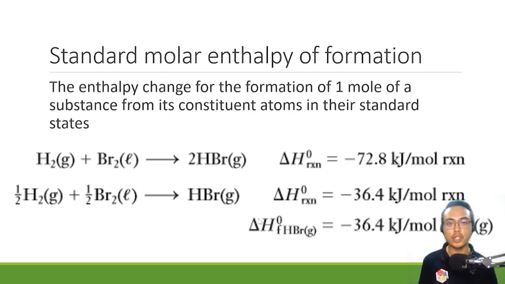Therefore, under these conditions, the enthalpy of reaction of a standard molar enthalpy of formation reaction is also the heat of formation of the product. In this case, the enthalpy of formation, or the heat of formation, of hydrogen bromide is negative 36.4 kilojoules per mole.